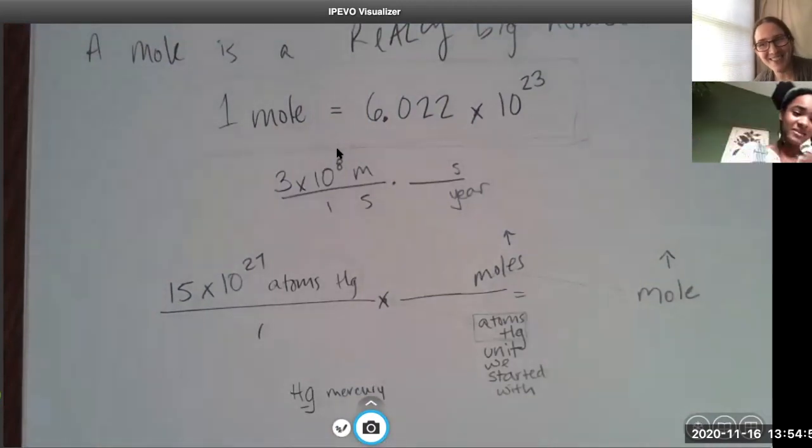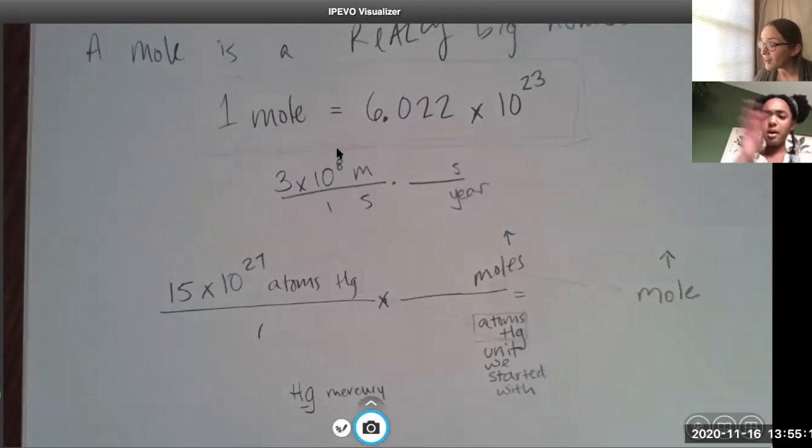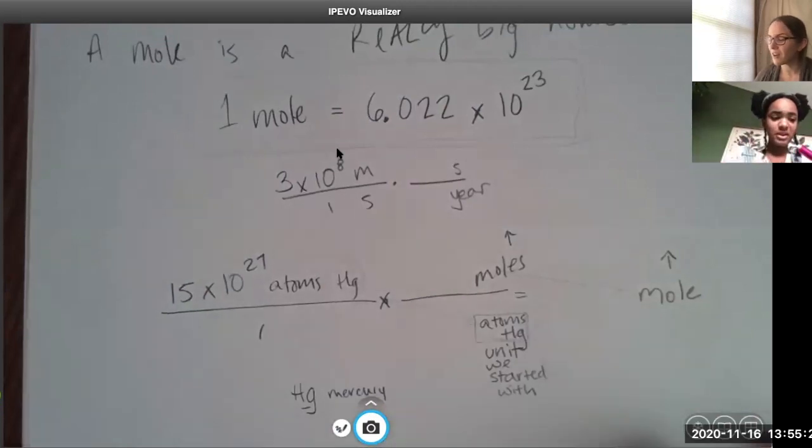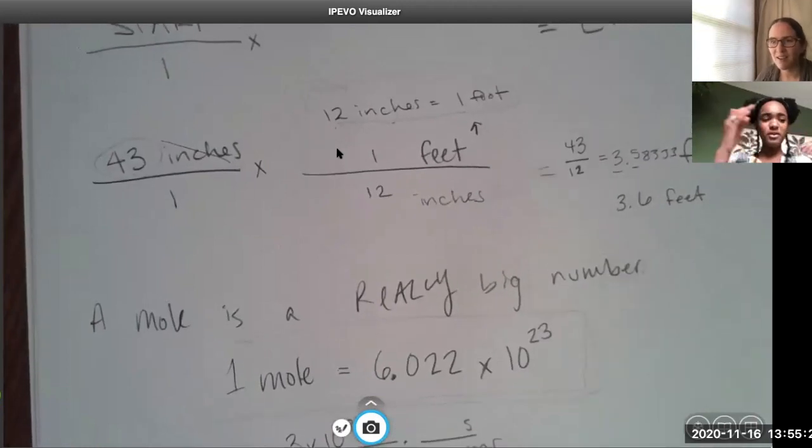How did you know? Well, because 1 mole equals 6.022 times 10 to the 23rd. With our practice question with the 43 inches, we had the one underneath the 43, and we carried it horizontally up to the top diagonal. So I thought that maybe since it's showing how each one of that unit, if that makes sense.